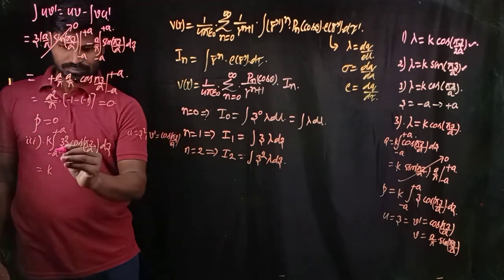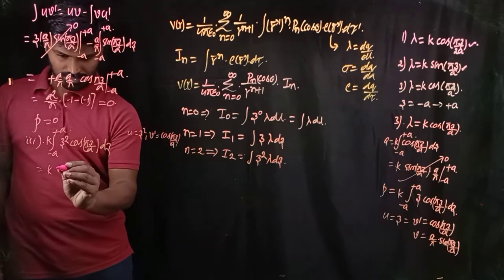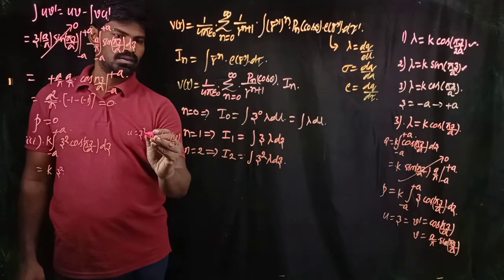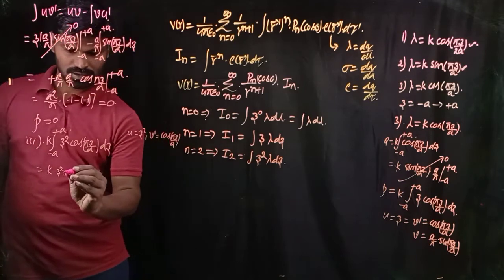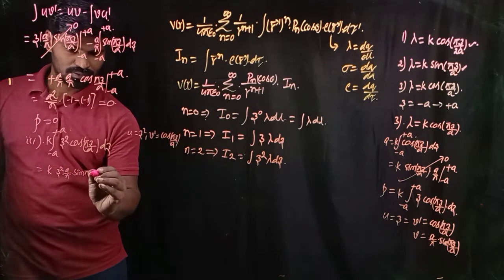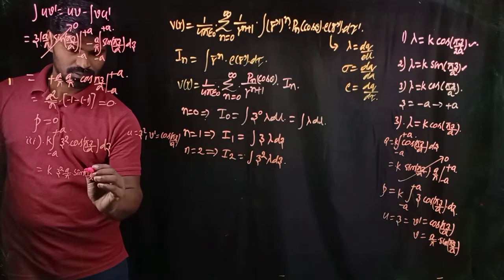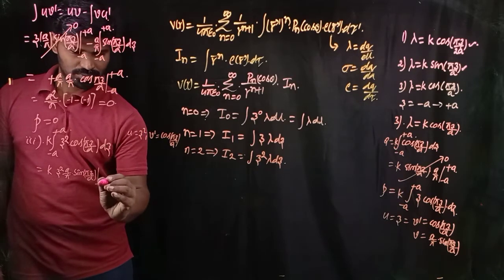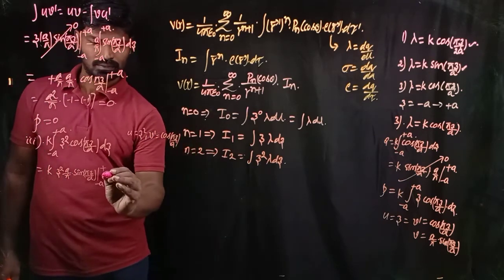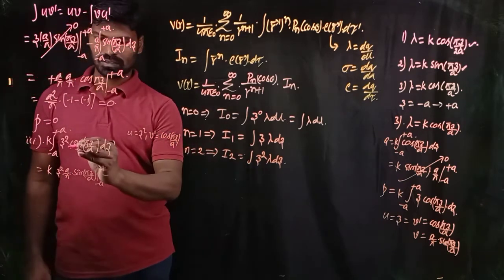So u into v: u is z square into v, the integration of this, is a divided by pi into sine(pi z divided by a), between the limits minus a/2 to plus a/2. Next, minus v into u dash. What is v here?